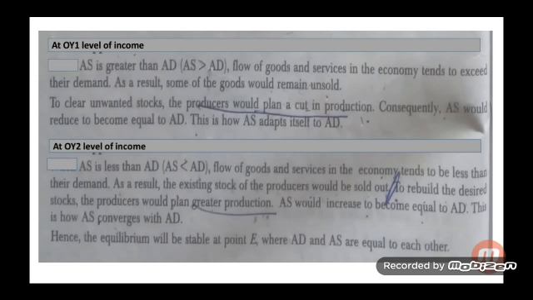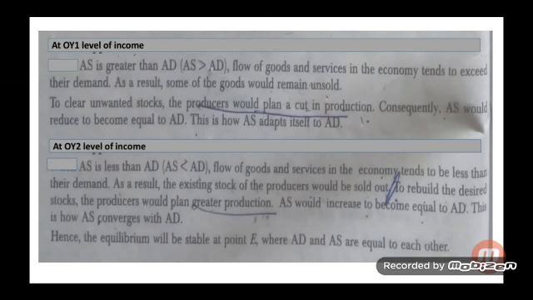To rebuild their desired stock, the producers would plan greater production. It means producers क्या करेंगे? प्रोडक्शन ज़्यादा करेंगे और AS would increase to become equal to AD, जिससे सप्लाई इंक्रीज होगी और वो डिमांड के इक्वल हो जाएगी.